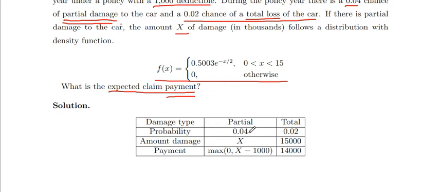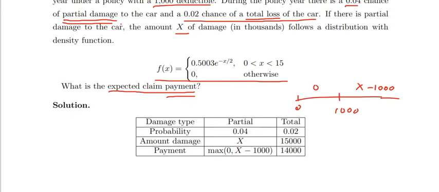The damage is x, and the payment involves the deductible. Payment is x between 0 and 1000 is 0, and larger than 1000 it is x minus 1000.